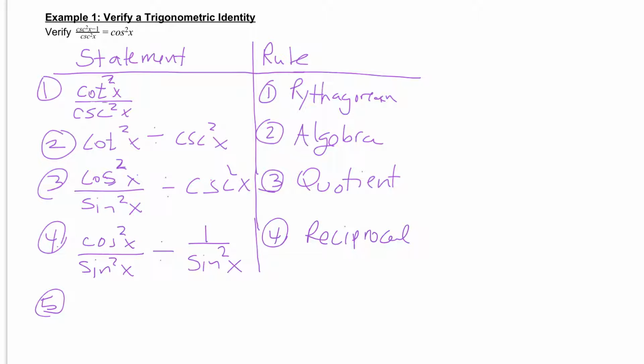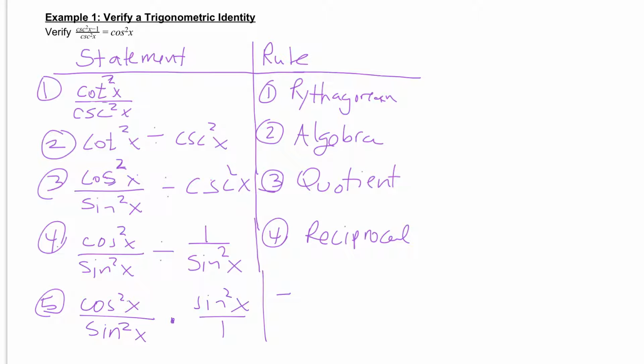Then number 5, I can go ahead and now change division to multiplication. So if I'm going to divide two fractions, my next step is to change the division to multiplication and take the reciprocal of the 1 over sine squared. So I have cosine squared x over sine squared x times sine squared x over 1.